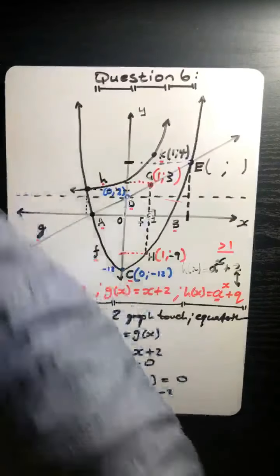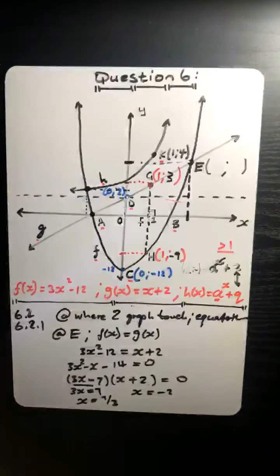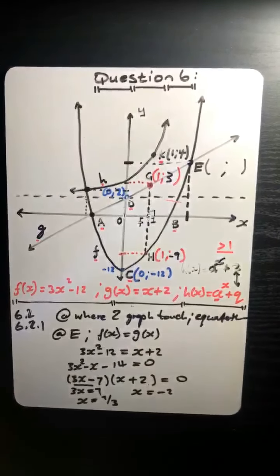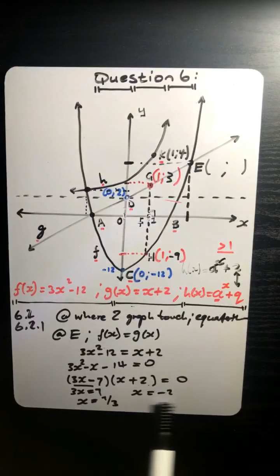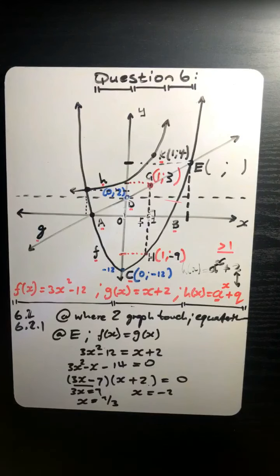Mention your name and I will recognize you. Lerato, go for it. 7 over 3, sir. Reason being, because it's a positive value. 100%. But what about this one? What does it mean to us? No idea, sir.